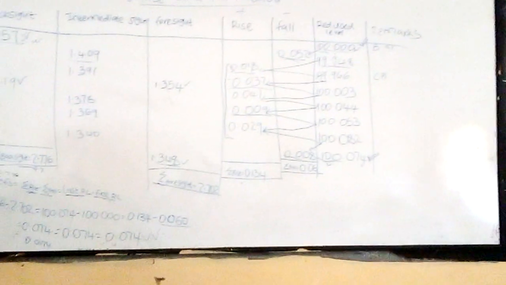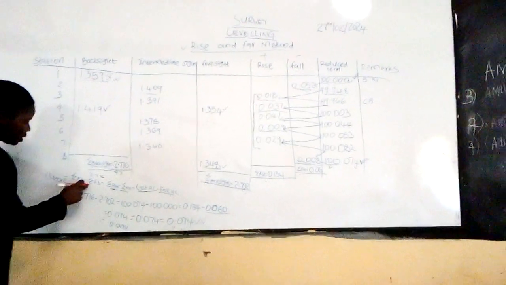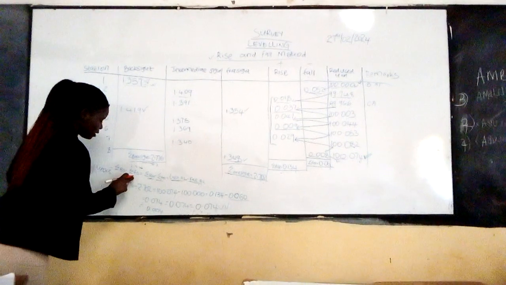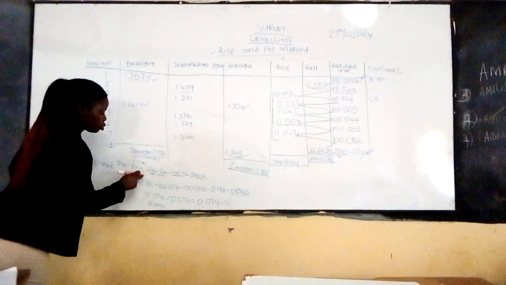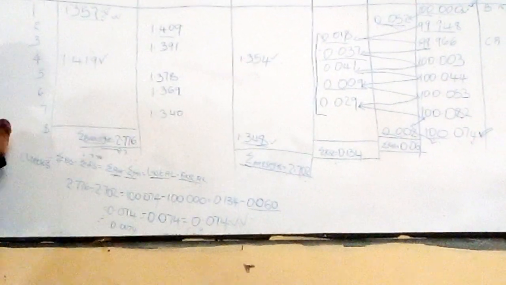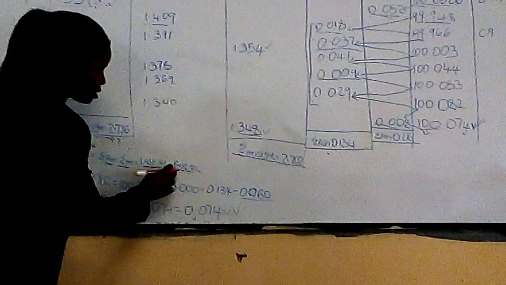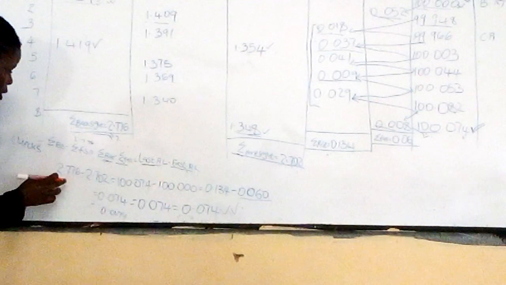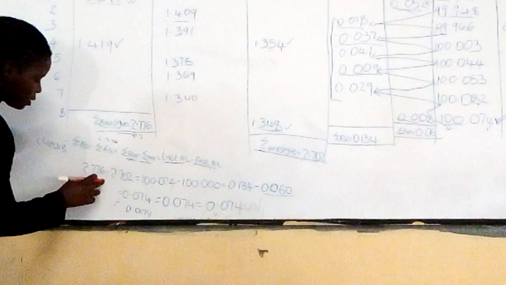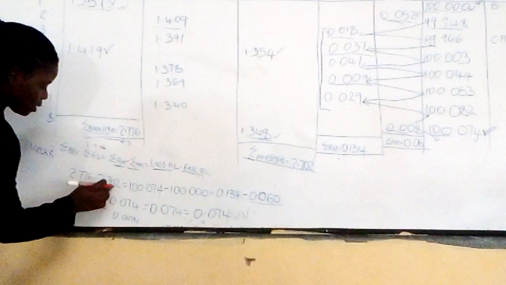Now when calculating the checks, the summation of backside minus summation of foresight will be equal to summation of rise minus summation of fall, which again will be equal to the last reduced level minus the first reduced level. Now, our backside was 2.776 minus our foresight was 2.702.